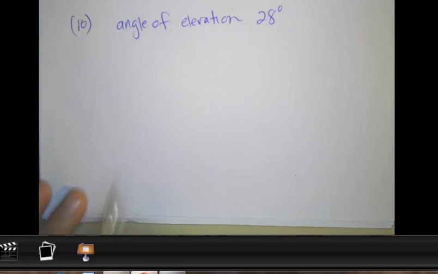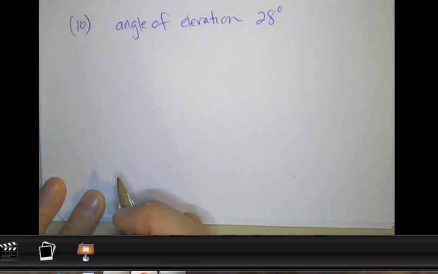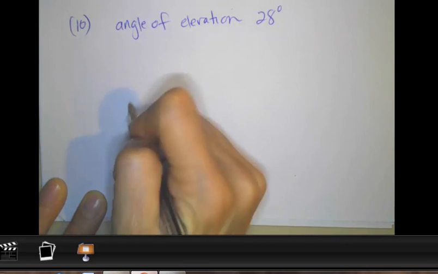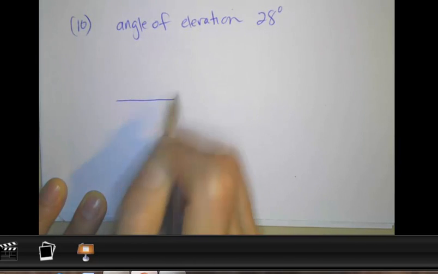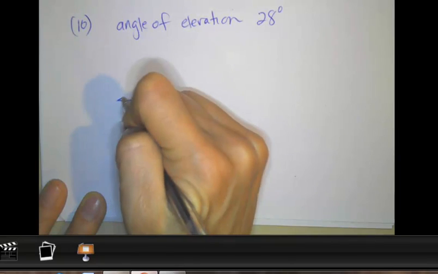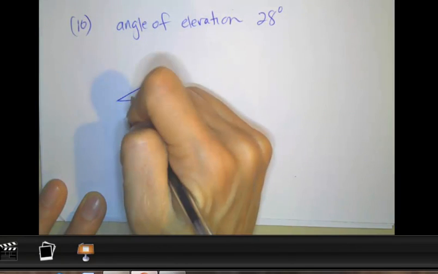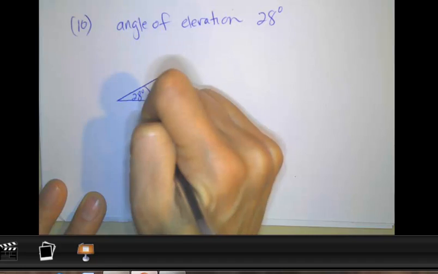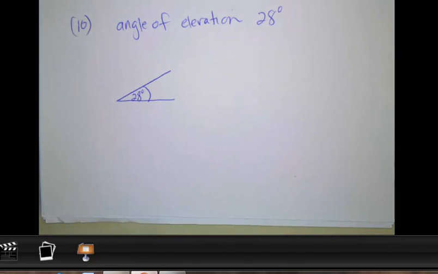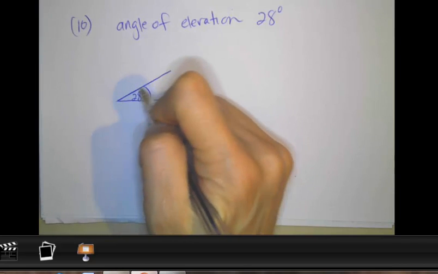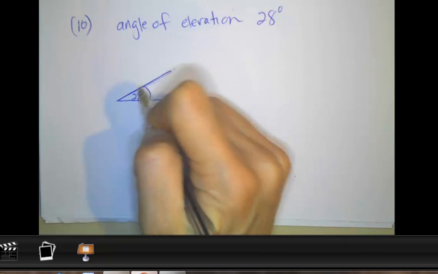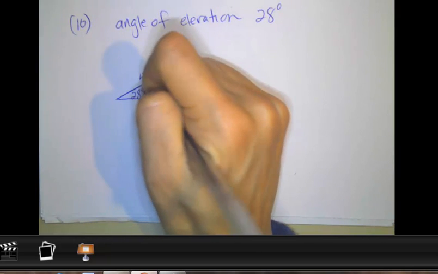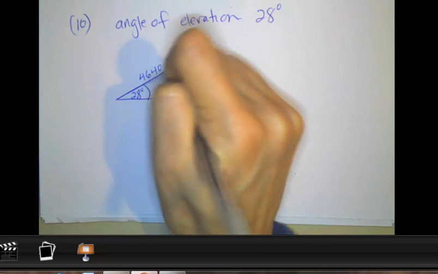So let's go ahead and draw a picture. We know that the horizontal is going to be at the bottom, and the angle of elevation is going to be 28 degrees. The lift chair is this line right here, and the total distance that it covers is 4,640 feet.